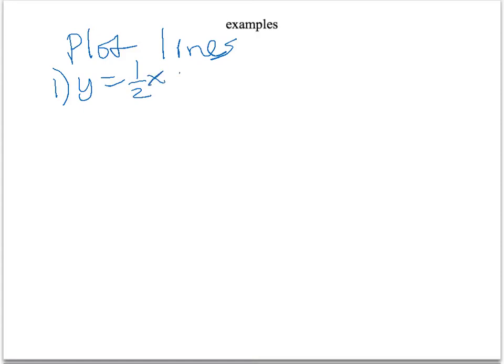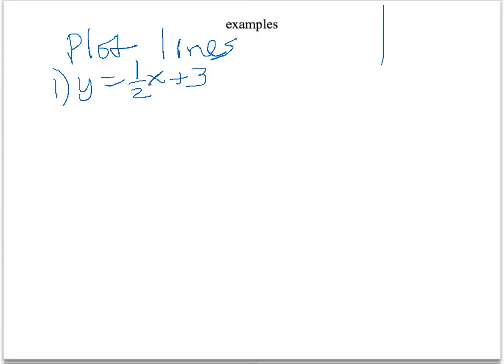All right, let's do some examples and see how this works. First thing I'm going to do, let's plot some lines using the slope-intercept form. Number 1, my equation is y equals 1/2 x plus 3.